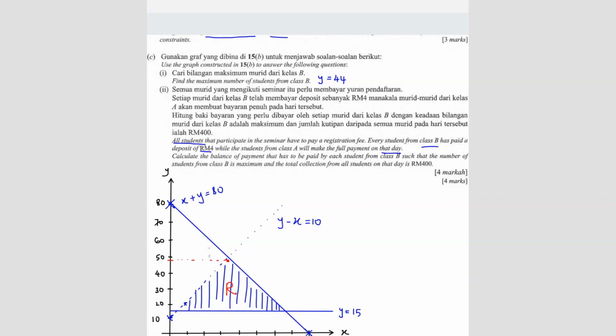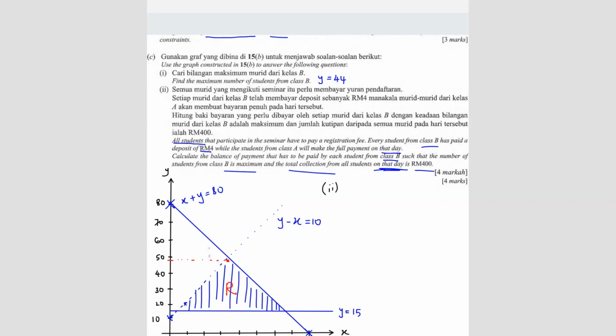Calculate the balance payment that has to be paid by each student from class B, such that the number of students from class B is maximum and the total collection from all students on that day is 400. So now this is the second part.